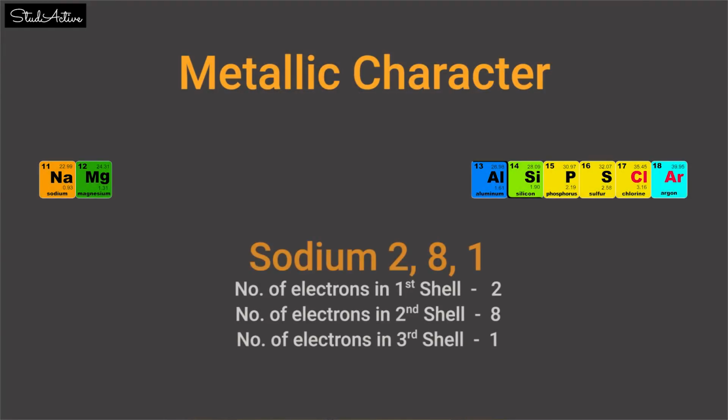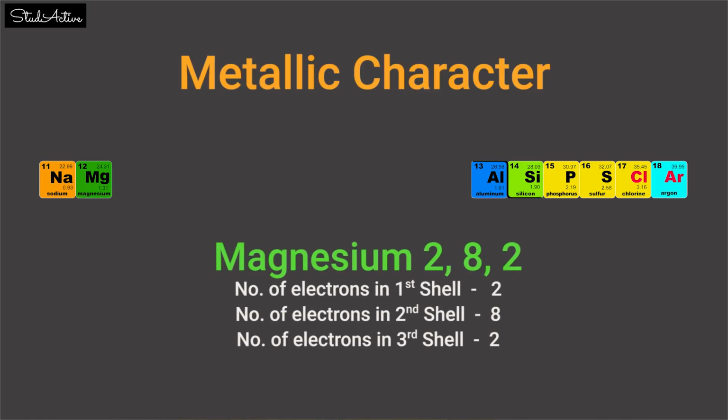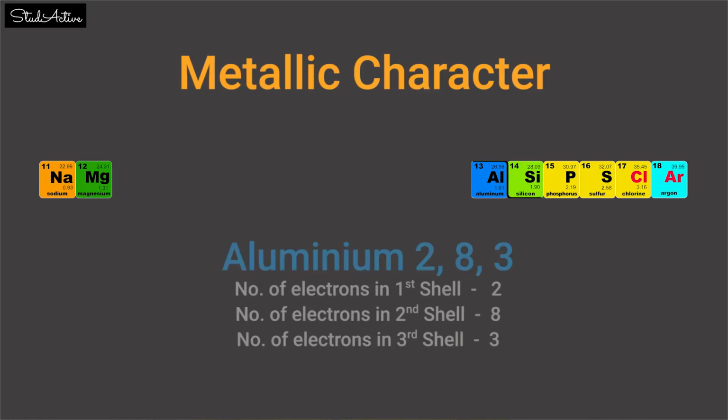We know in our periodic table that sodium has electronic configuration 2,8,1, magnesium has 2,8,2 and aluminium has 2,8,3. Hence, all these three can easily donate electrons and attain their octet state.